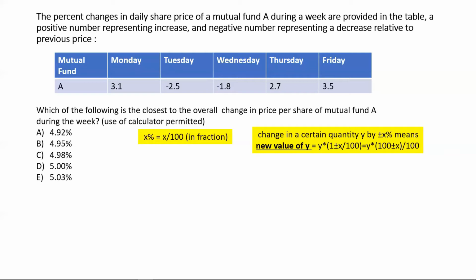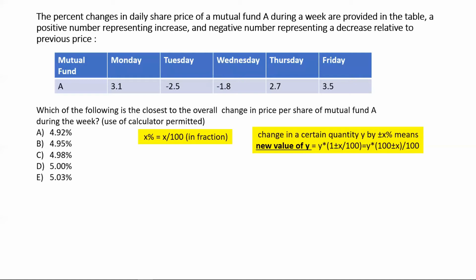Well, the new value is Y multiplied by (1 plus or minus X by 100). If you do the math, you end up with Y multiplied by (100 plus or minus X) divided by 100. That's the new value of the variable after incorporating the percent change.